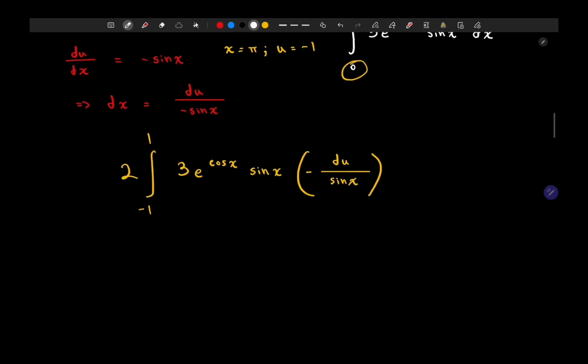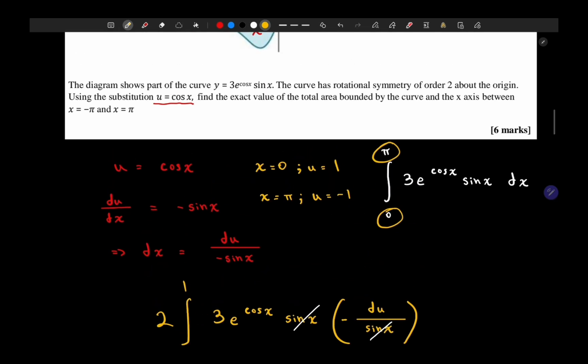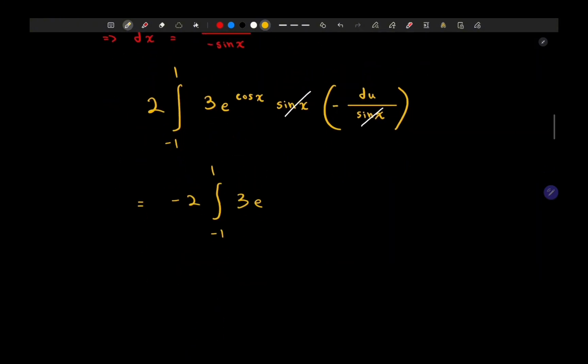Now we can cancel out these two. So finally we get negative 2 integrate minus 1 to 1 3 e to the power, and we know that u equals cos x, so this is 3 e to the power u du.